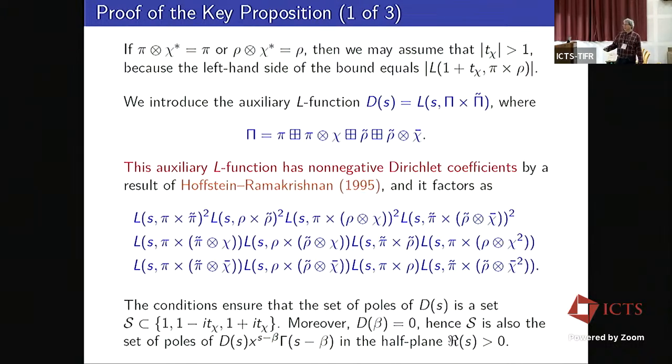Anyways, so we have D(s), but our original twisted Rankin-Selberg is sitting in this product, so this auxiliary L function does vanish at beta. Beta is our exceptional zero, close to 1. Hence, even when you multiply D(s) by the appropriate gamma shift, it will have no pole other than the ones already listed in the positive half plane.